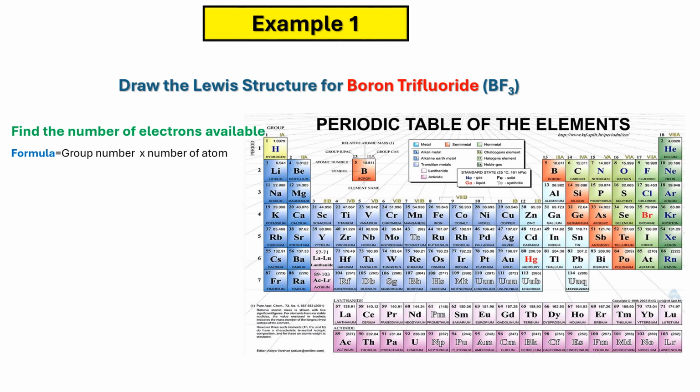Let's bring up the periodic table, where we can see that boron is in group 3A. So boron provides 3 valence electrons and we have 1 boron. So 3 times 1 equals 3 electrons provided by boron.